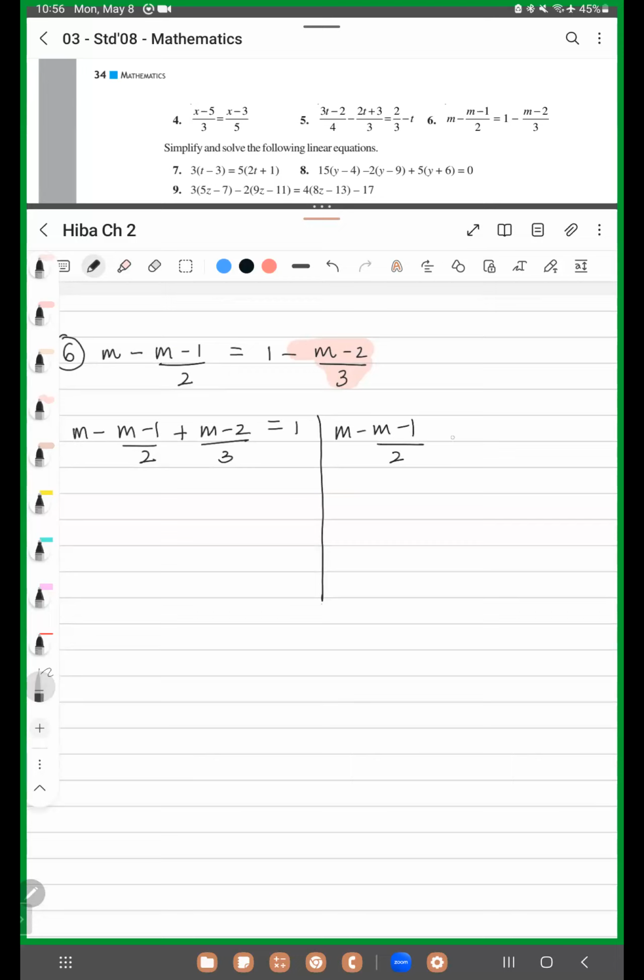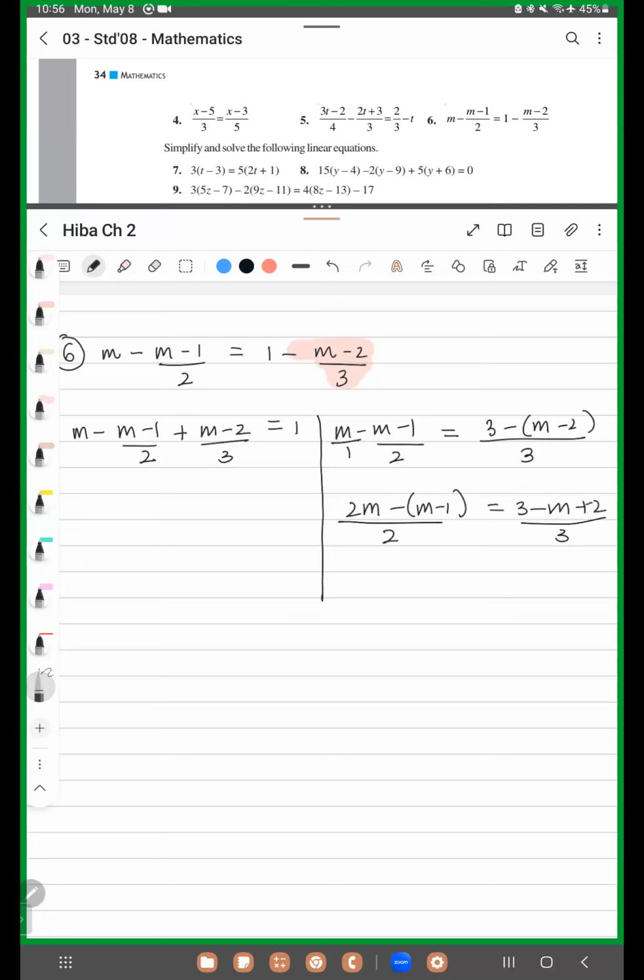m minus 1 by 2 equals. अब हम इसमें LCM ले लें. 1, sorry. So this becomes 3 minus m minus 2. Bracket लगा दिया हमने. ठीक है. So over here also you have to take LCM. So in this method you have 2m minus m minus 1 equals 3 minus m plus 2 by 3.